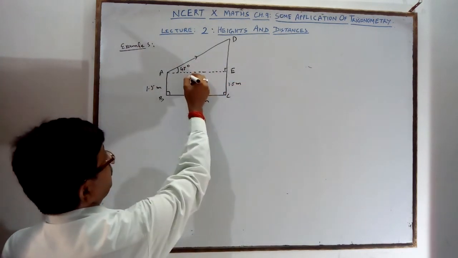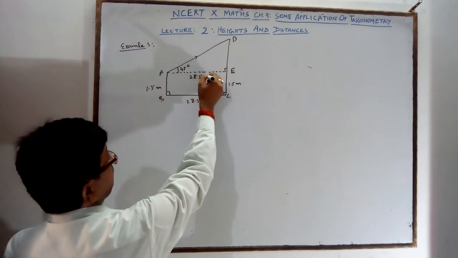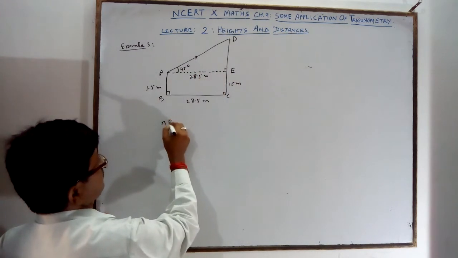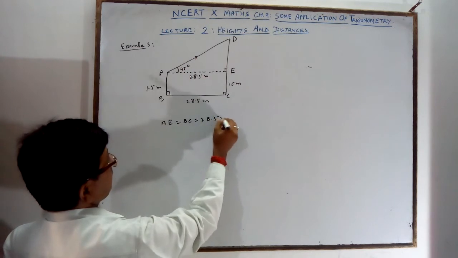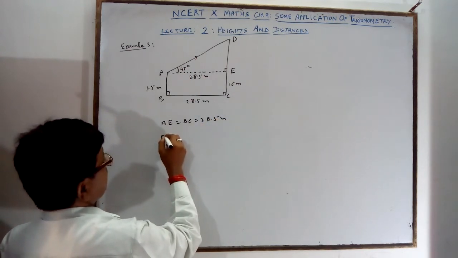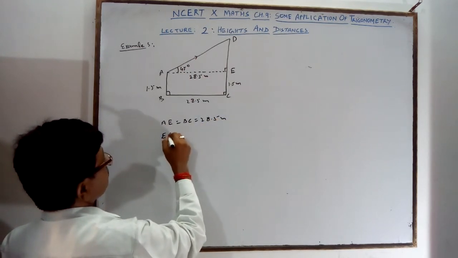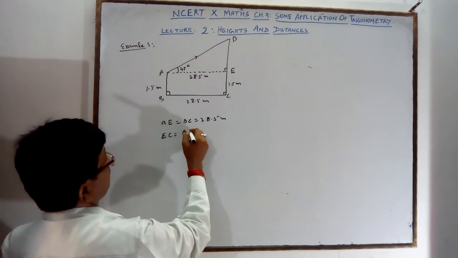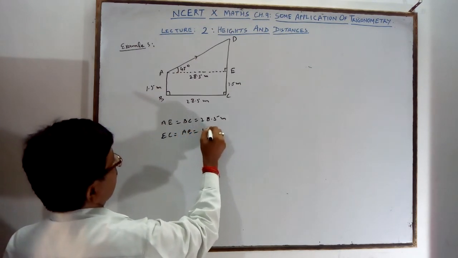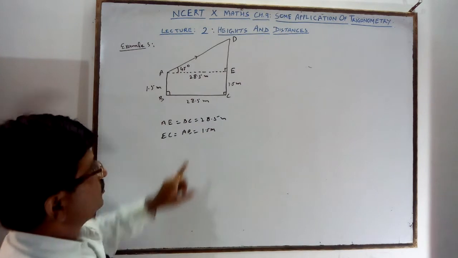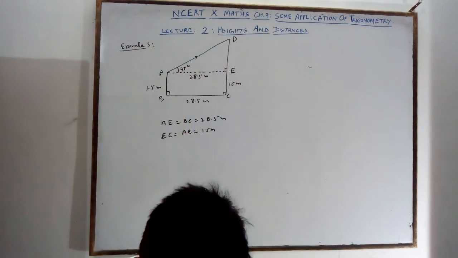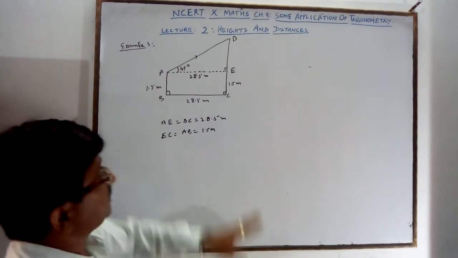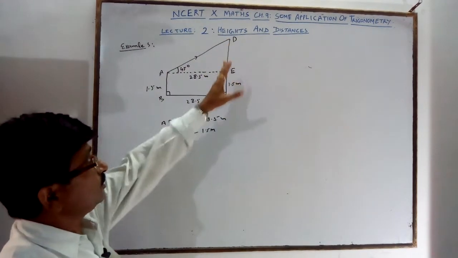The opposite side of the rectangle is also 28.5, which is the rule of a rectangle. In your question you want to find out the height of the chimney. Height of the chimney means CD you want.